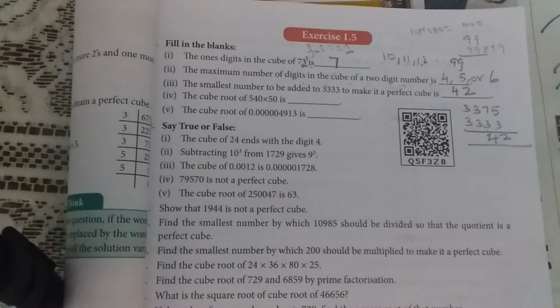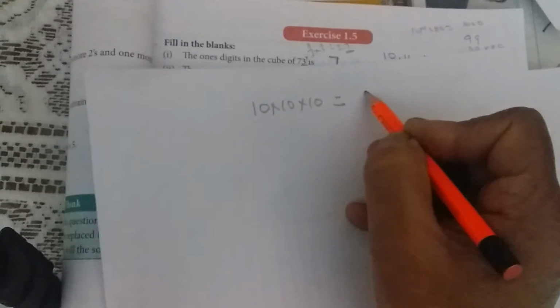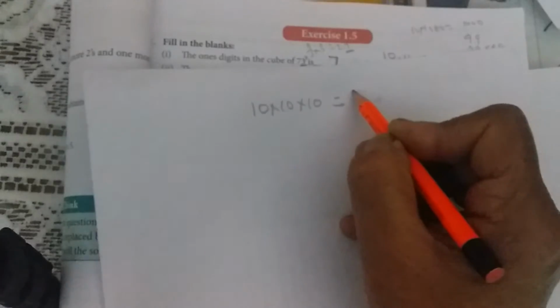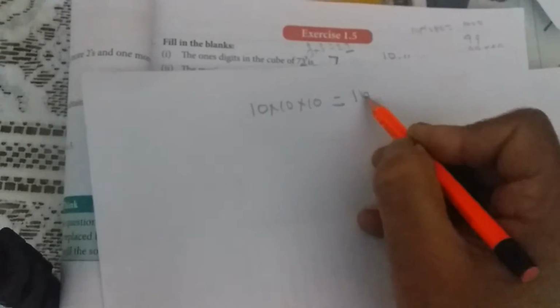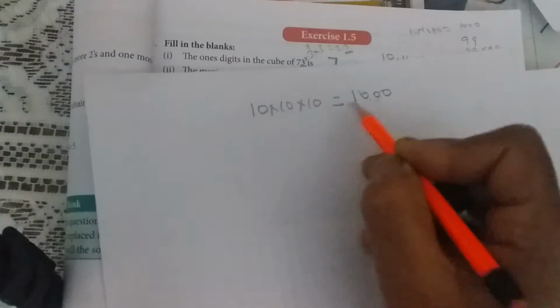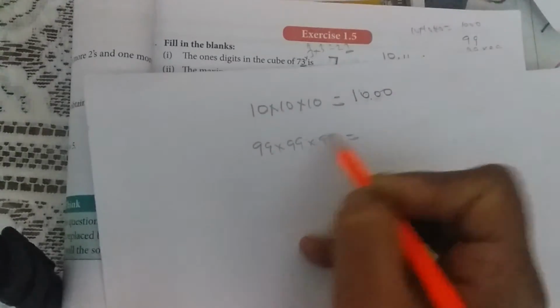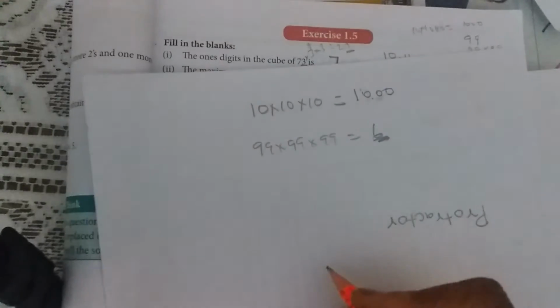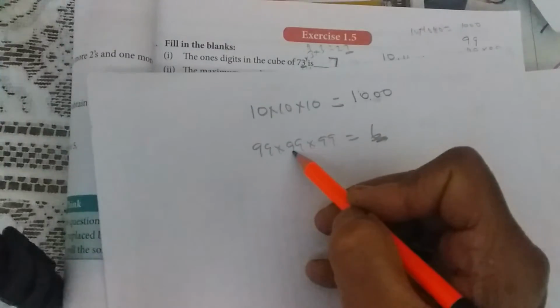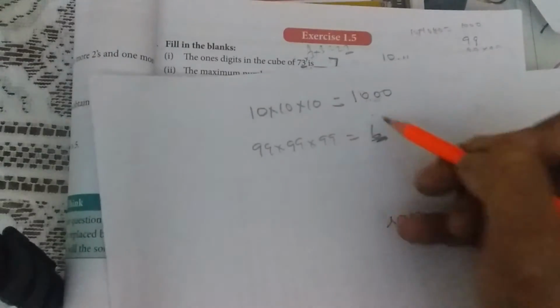So 10 into 10 into 10 is 1 with 3 zeros, 1000. So how many digits? 4 digits. That is the minimum, and the maximum we get by multiplying 99 into 99 into 99, which will have 6 digits. So the cube of a 2-digit number can have 4, 5 or 6 digits.